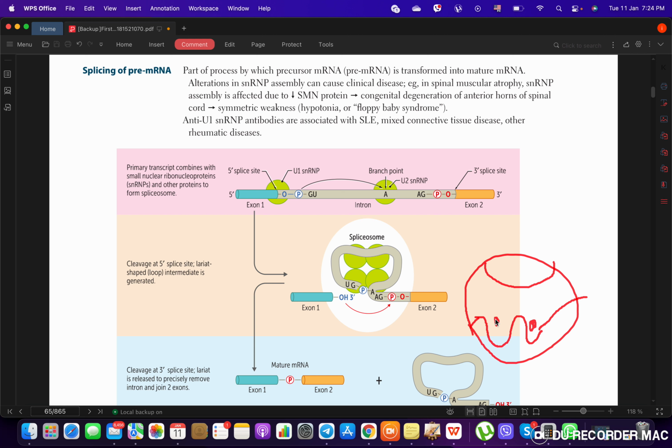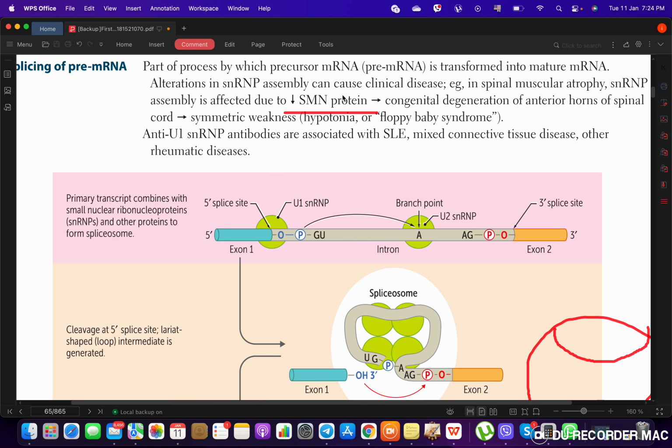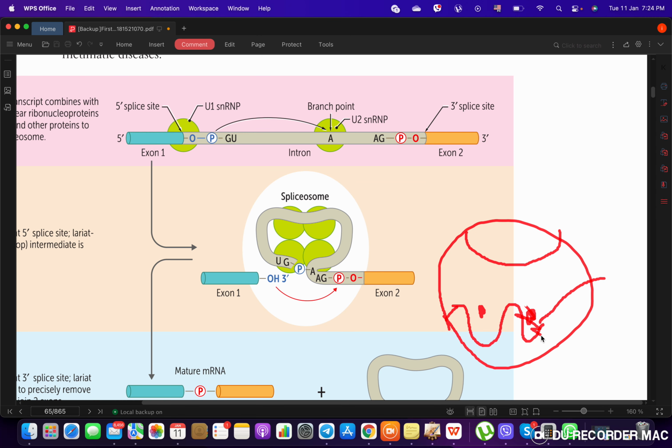But in the anterior horn, there are the neurons that are responsible for the motor function, okay? And in case of an SMN problem, there will be a decrease in the spinal muscular neuron protein development, which can lead to degeneration of the anterior horn of the spinal cord.